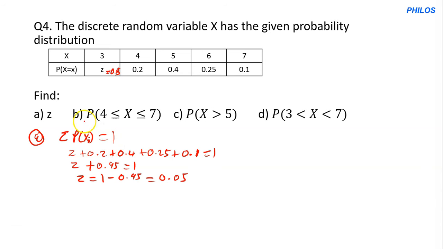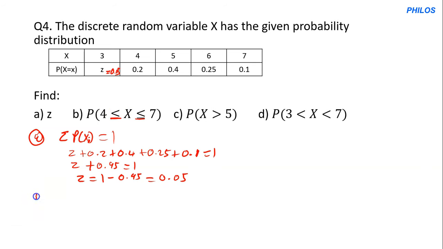Now question B says, we should find the probability that x is between 4 and 7 inclusive. Because of the equal to sign here, it means that 7 is included and 4 is also included.